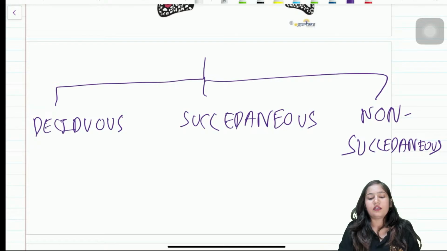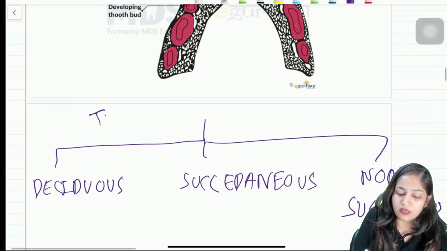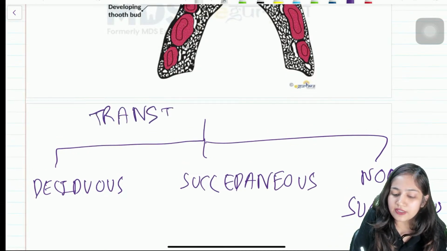Right? And what is this dental lamina? Dental lamina is mainly a transient structure. It is a temporary structure. Why a transient structure?